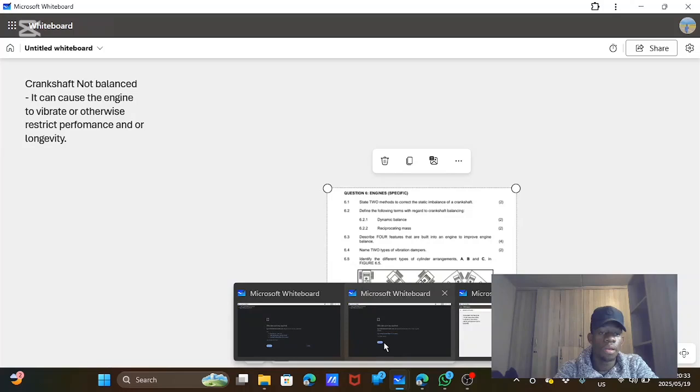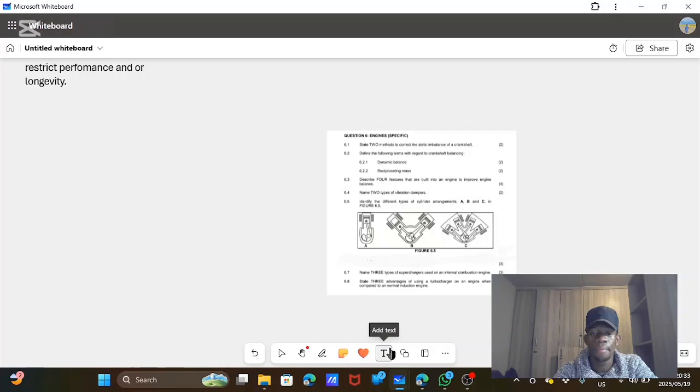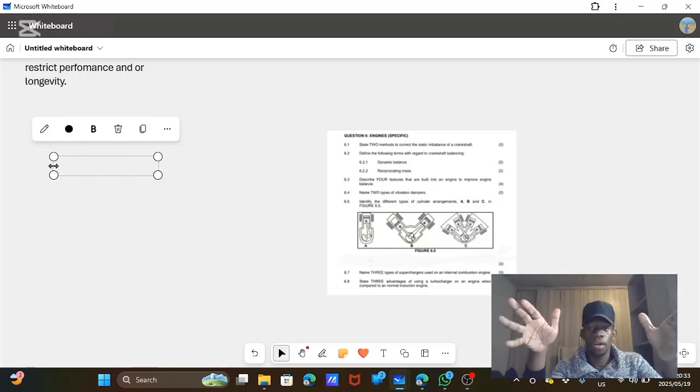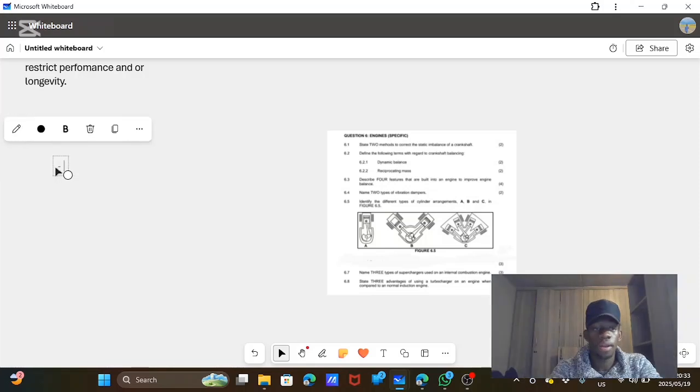Okay, let's do two methods to correct the static balance of a crankshaft. Number one is drilling holes in the heavier side of the crankshaft.